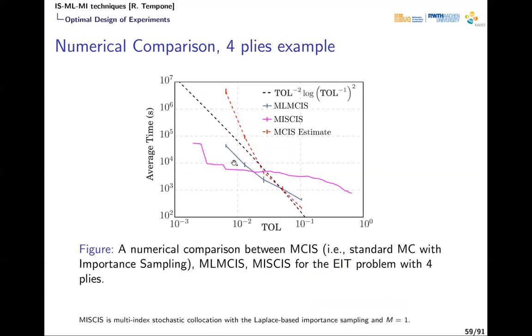And once we do that, we compare different methods. In this context, multilevel importance sampling using stochastic allocation comes out as a clear winner, with a massive gain in computational work for a reasonable engineering type of tolerance, as you see here.